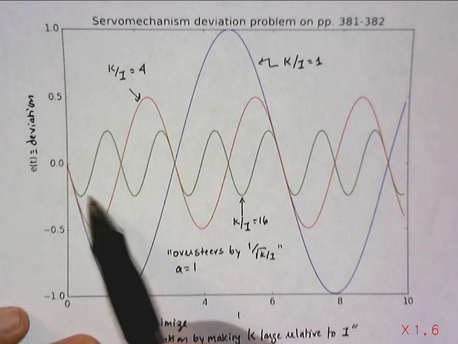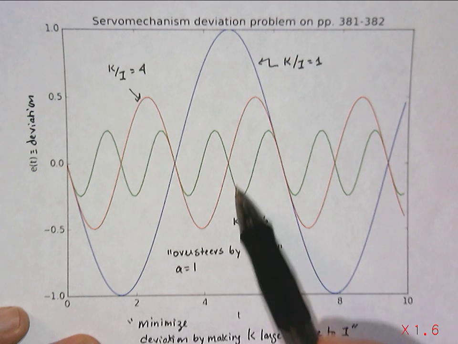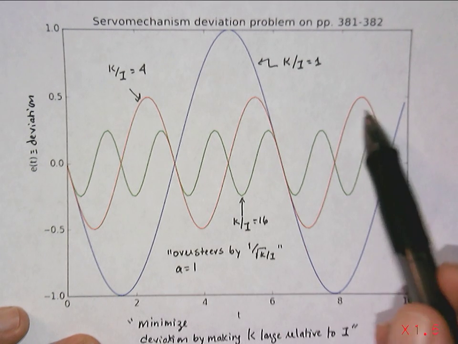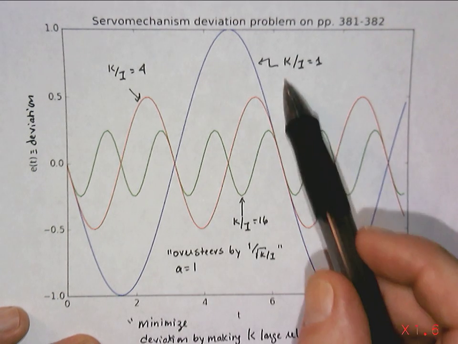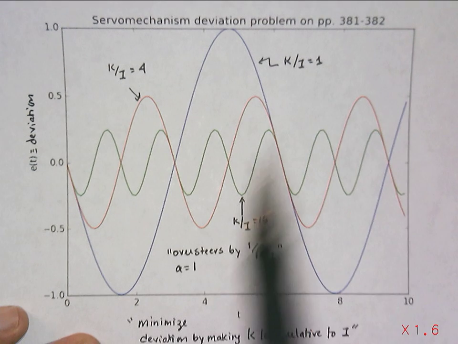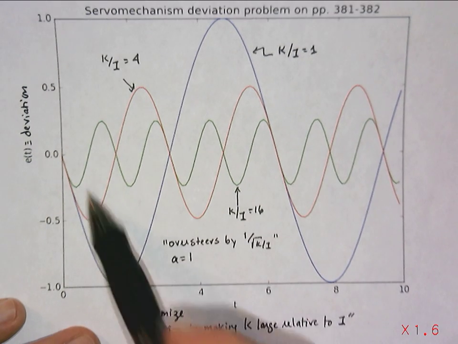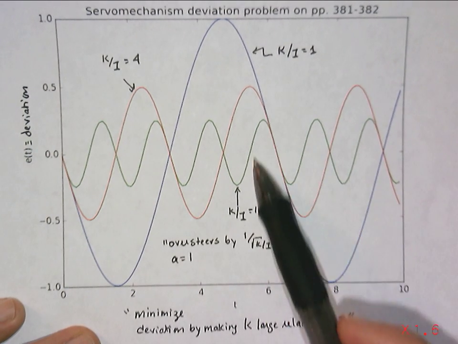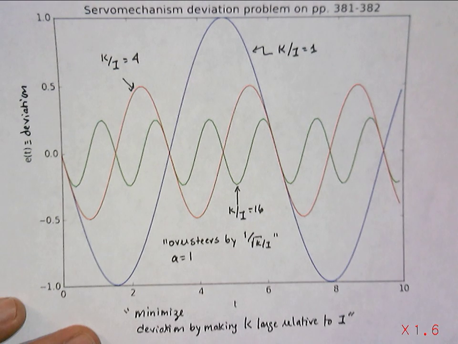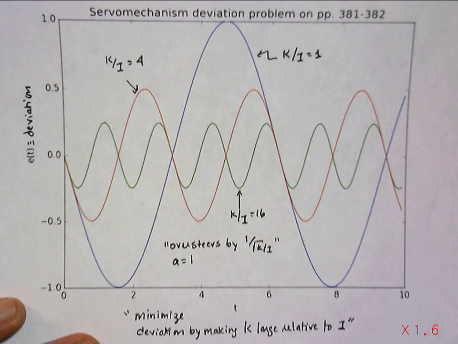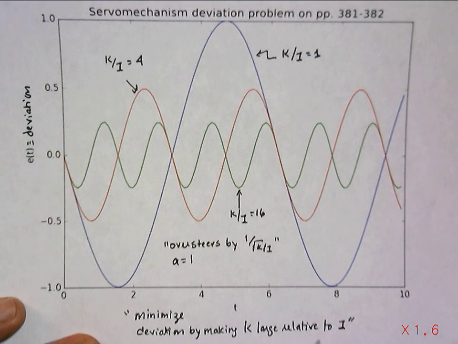If you decrease that value, you'll get the red curve here. Larger corrections are needed. And if k and I are relatively the same, huge corrections have to be made to keep it on course. So again, that ratio is key to controlling the oversteering that's needed. But the solution and this effect were all possible by using Laplace transforms.